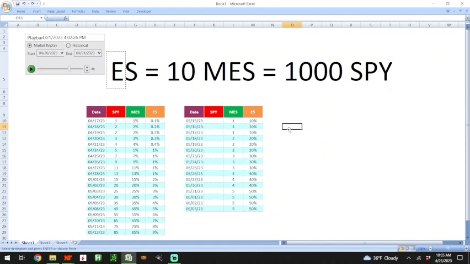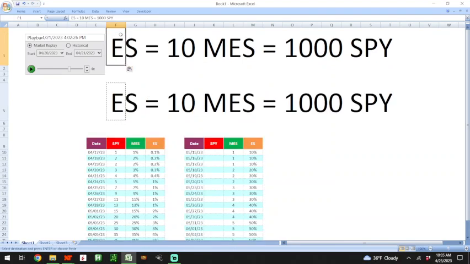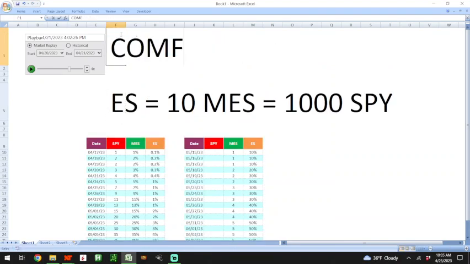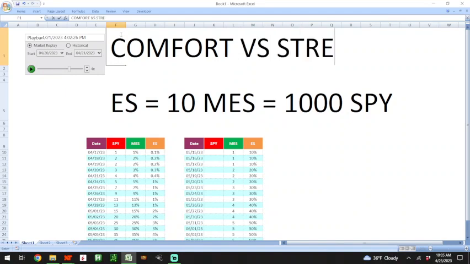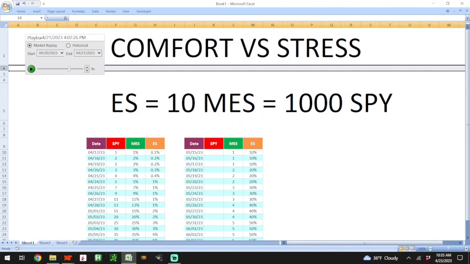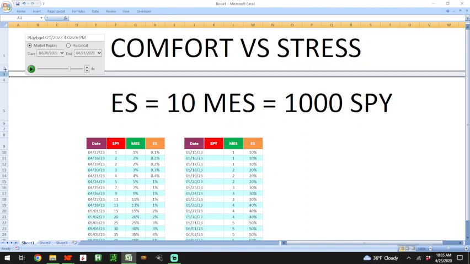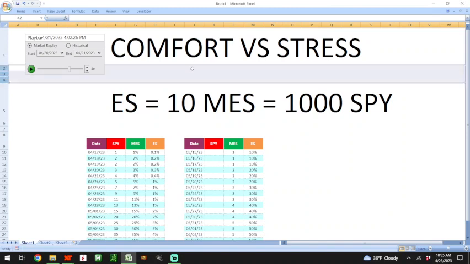So there's a line between being comfortable and being stressed to the point where your decisions are starting to be skewed. And actually, let me just write it right up here. I think that'll be better. So, comfort versus stress. Let's see if I can get this all on one page.